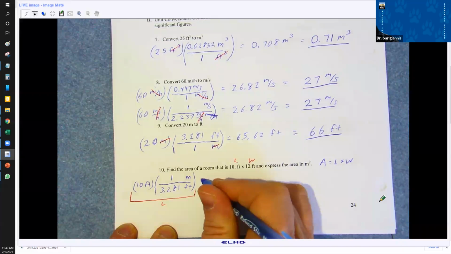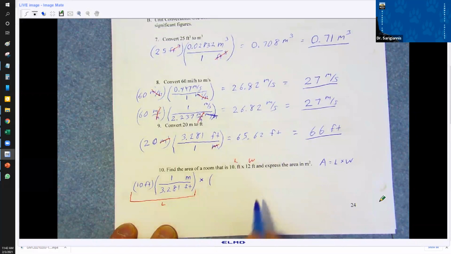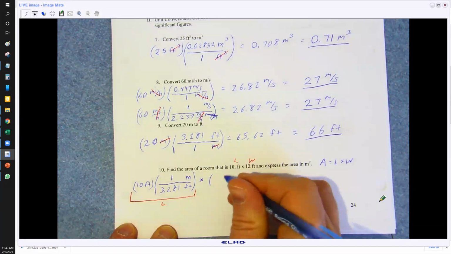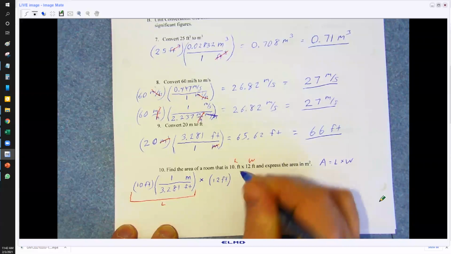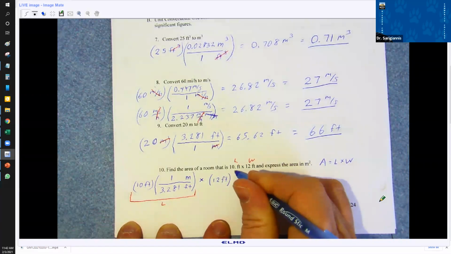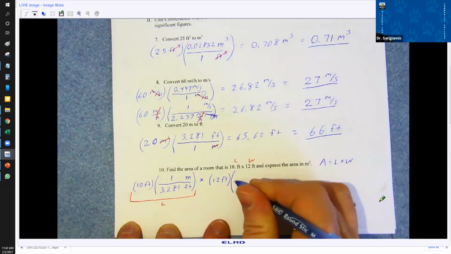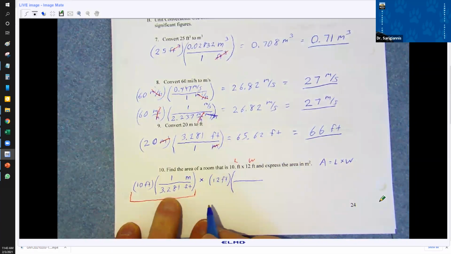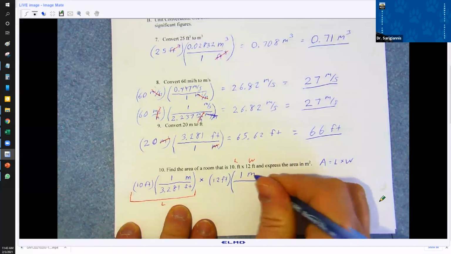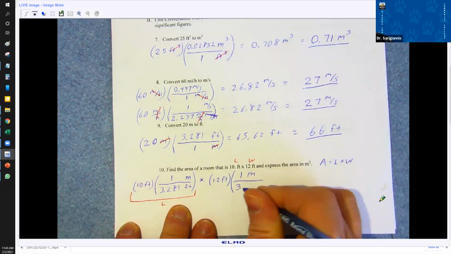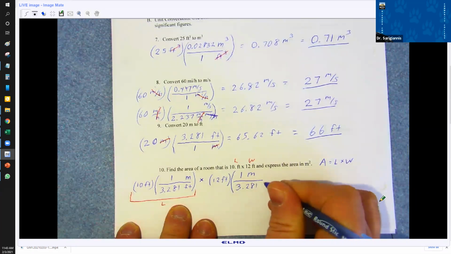We're going to take this and multiply it by the width, which is 12 feet. And I'm going to write the same conversion factor for the width as I did for the length. So I've got 1 meter is 3.281 feet.